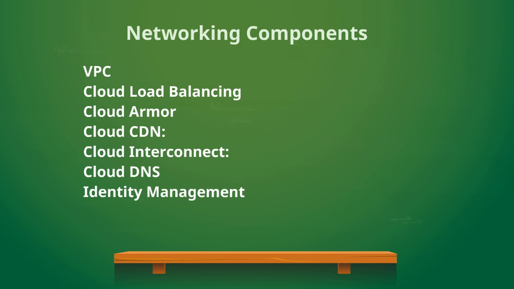You can implement Cloud CDN, Content Delivery Network. You can implement Cloud Interconnect, which is implementing direct connectivity to on-premise with either your partner or a third party. You can implement Cloud DNS, identity management, and a few other things as well.